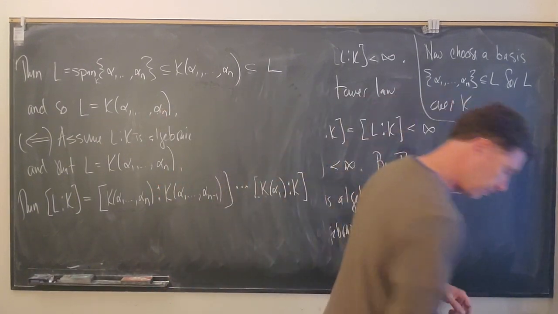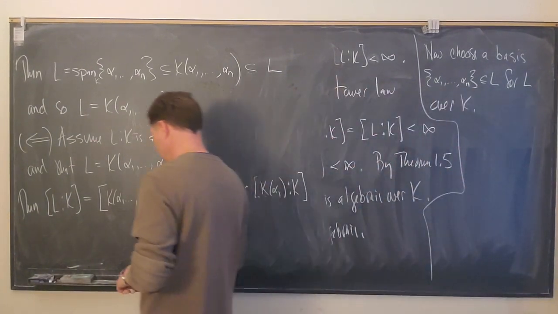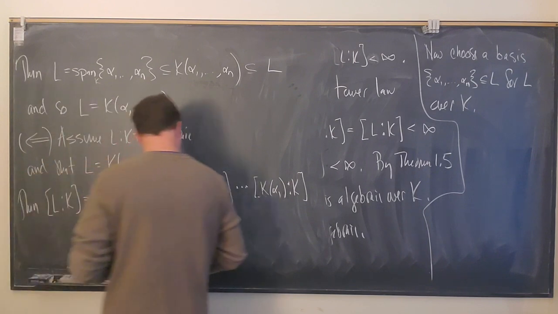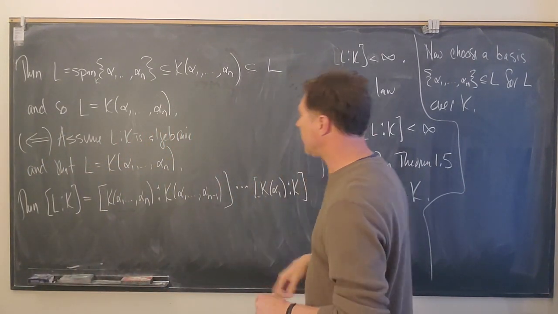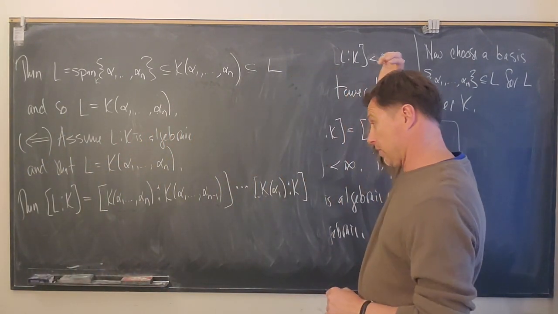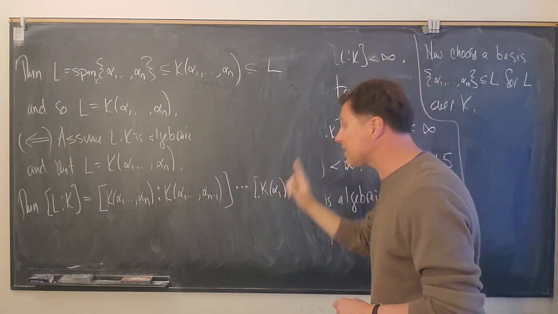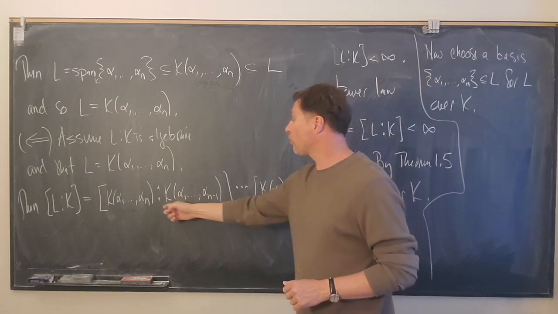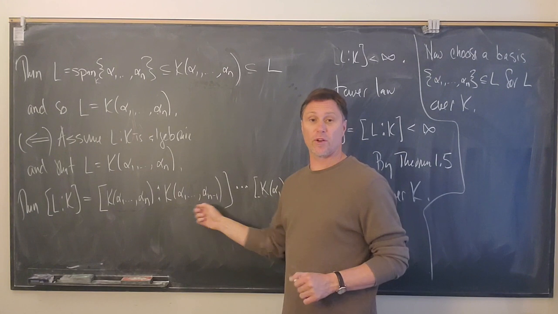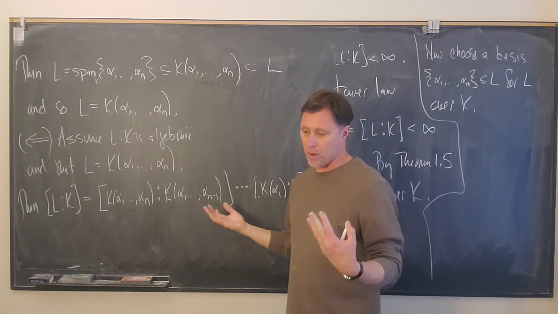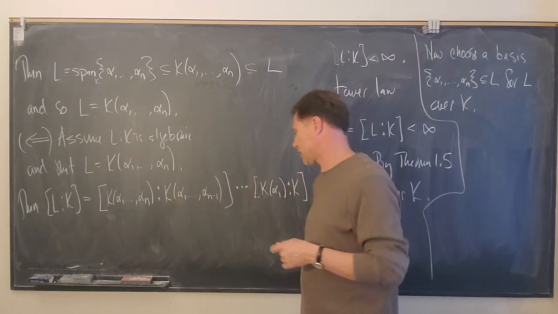Now, each alpha i is algebraic over K, which means then that it will be algebraic over a larger field, right? If you give yourself more scalars, you got more polynomials, it's even more algebraic.